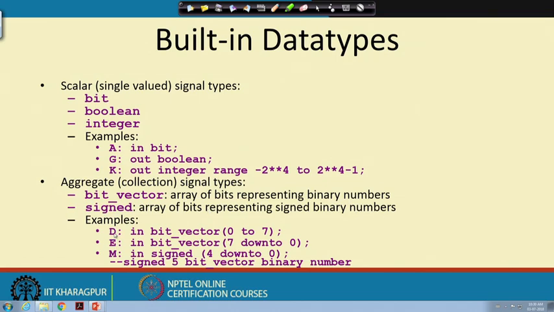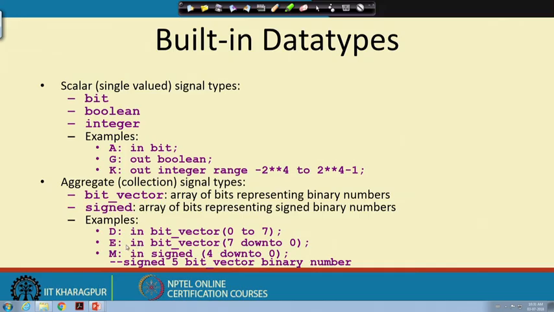Like, say, we have D in bit vector 0 to 7. So, D is an input port where there are 8 lines, and the lines are named 0 to 7, D0 to D7, so we have 8 bits here. Similarly, E is an input, again of type bit vector, 7 down to 0. So, we have E7 to 0.